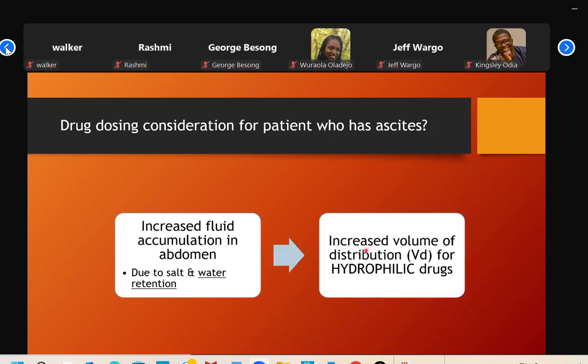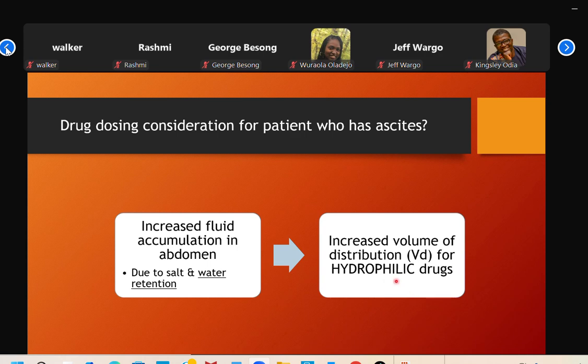So we're going to see an increased volume of distribution for hydrophilic drugs. Hydrophilic drugs are going to look for water because philic means they love water. And if there's more water outside the vasculature, they're going to try to get there.